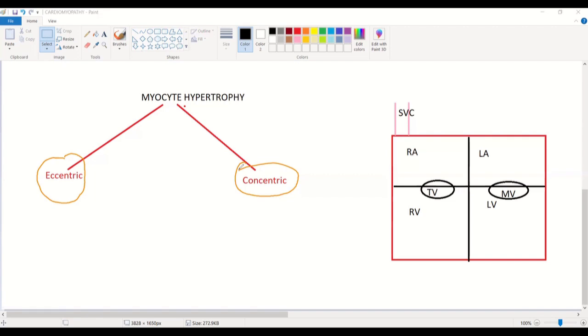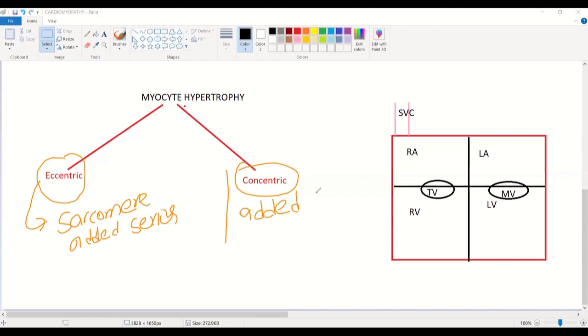Okay, so the eccentric hypertrophy simply means the sarcomeres are added in series, right? While in concentric hypertrophy, sarcomeres are added in parallel.